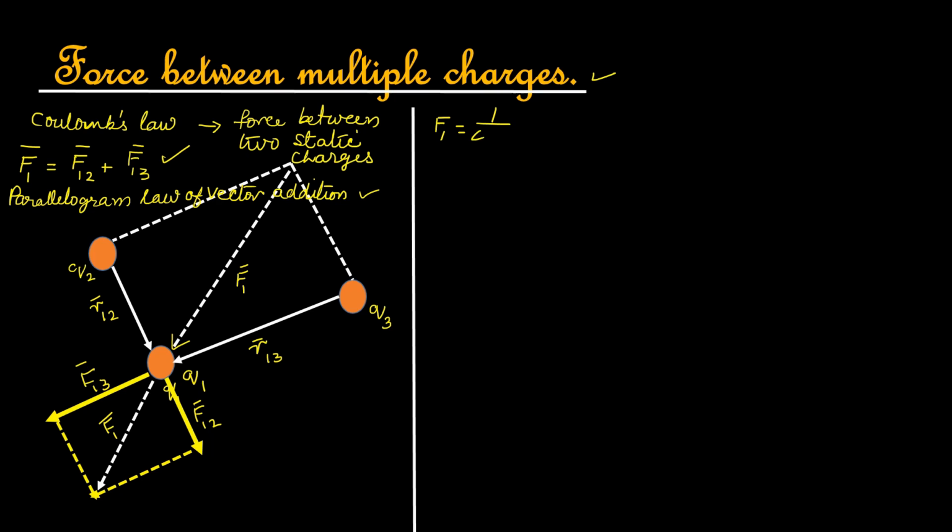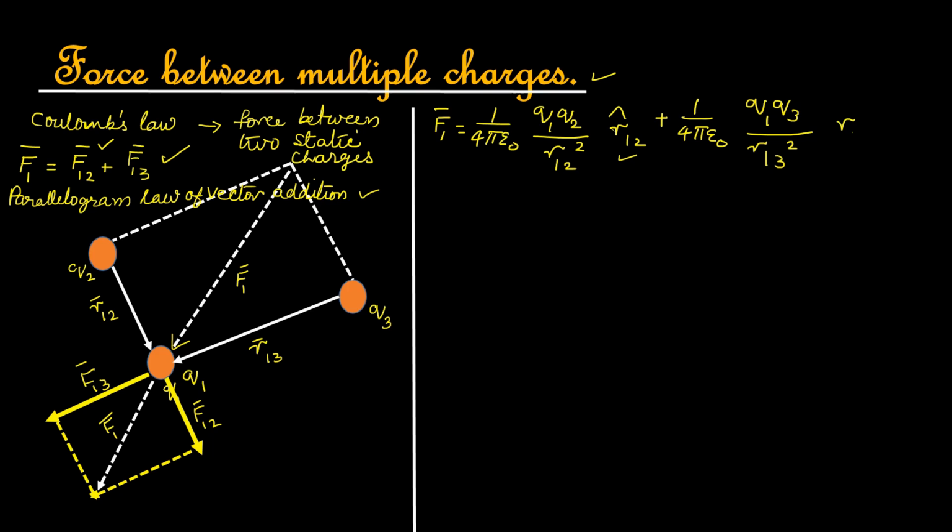F12 is equal to 1 by 4 pi epsilon naught Q1 Q2 by R12 square into R12 cap, plus the vector form of F13, that is equal to 1 by 4 pi epsilon naught Q1 Q3 by R13 raised to 2 into R13 cap.